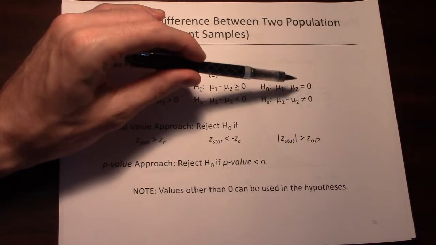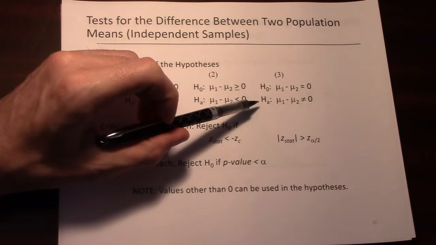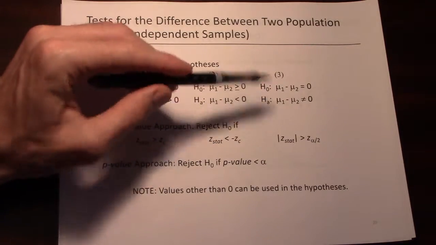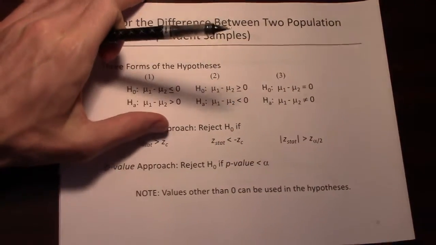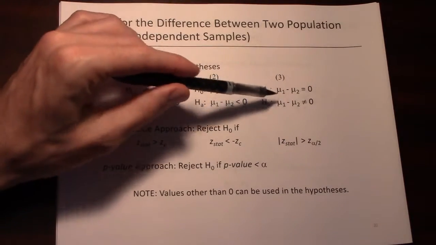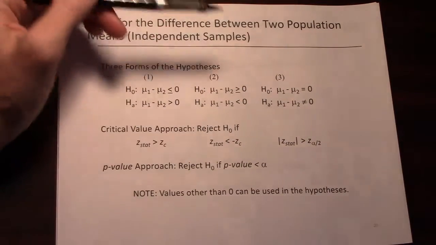We think that's what it is, and we are going to test whether or not we have enough information to reject that difference of 15, suppose. So we will always use 0, and that will just mean 0 difference, no difference. In other words, the population means are the same. But you could put in any number you want.